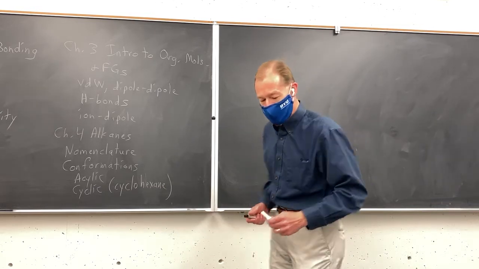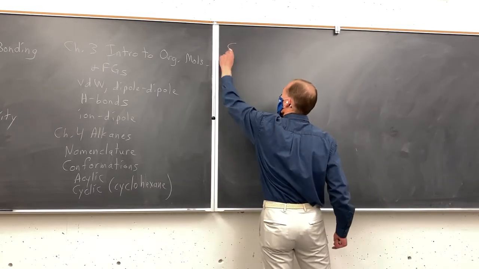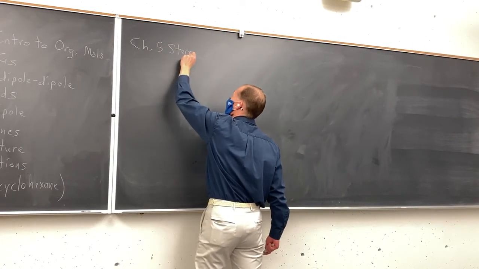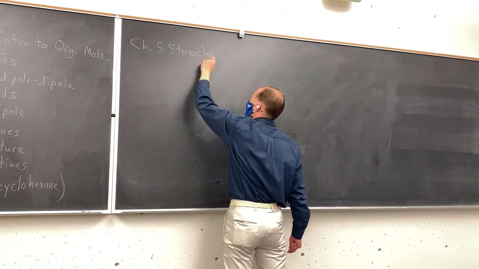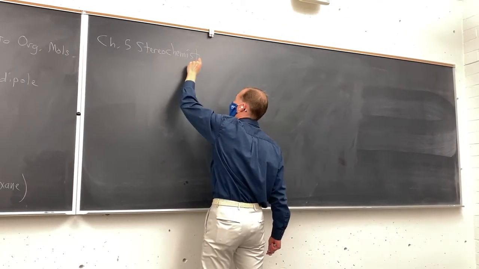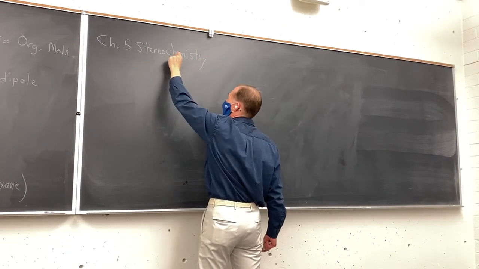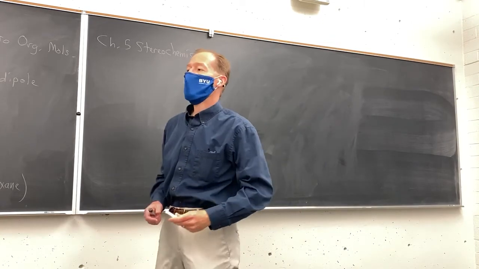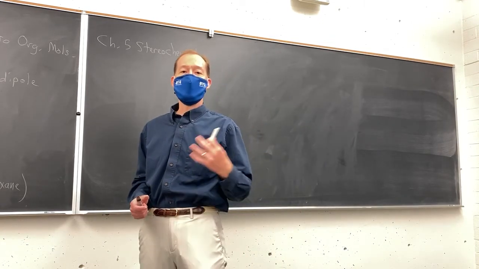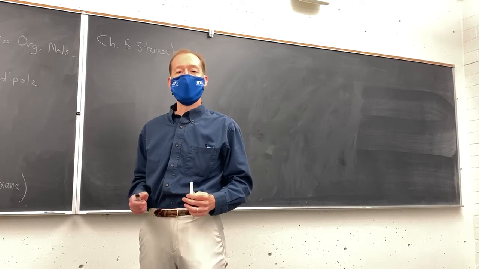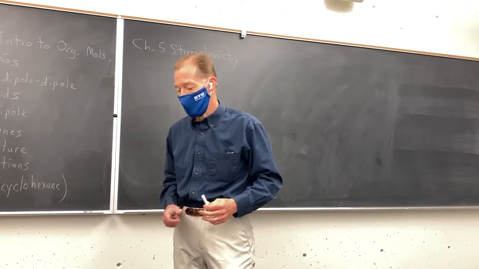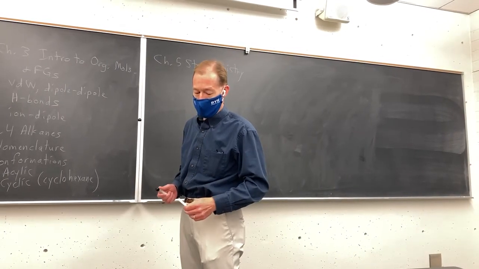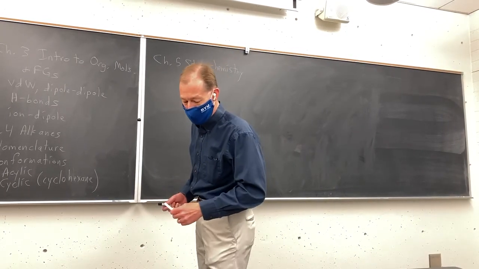Okay, so then chapter 5, stereochemistry. Another topic that we have reviewed, we have used extensively. Hopefully the carbohydrate chapter provided you with a good review of stereochemistry. Amino acids, peptides, and proteins as well had some stereochemistry.